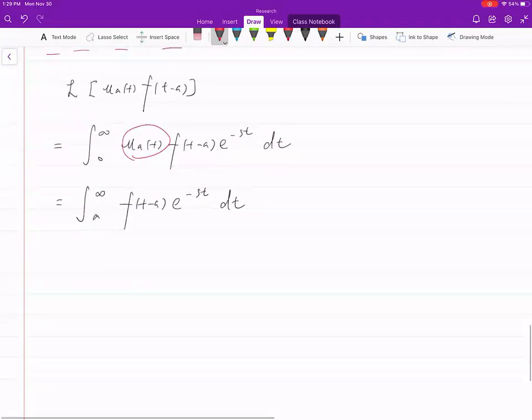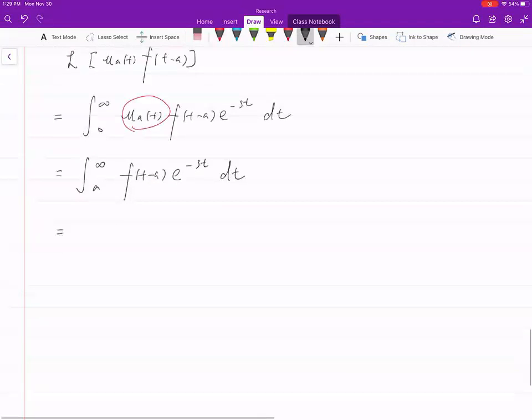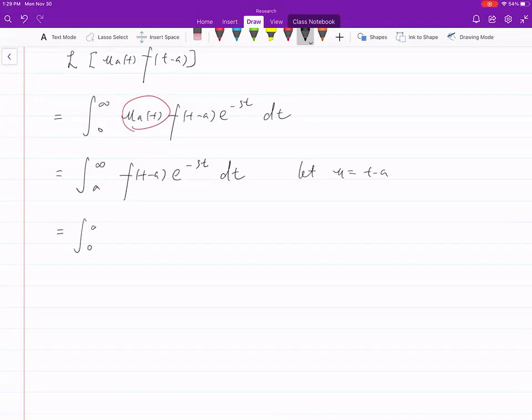So only this. Now, if that's the case, I take a U sub, I let U equals T minus A. This will become the integral from 0 to infinity of FU e to the negative S times U plus A dU, because dt equals du.